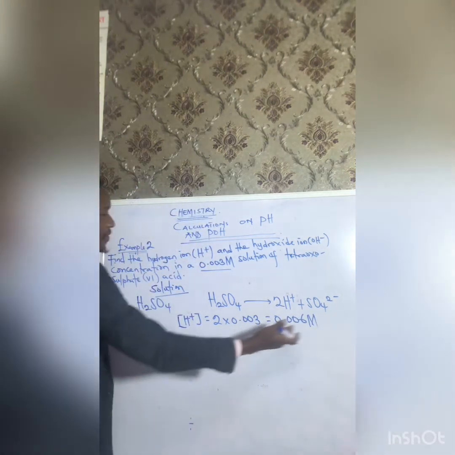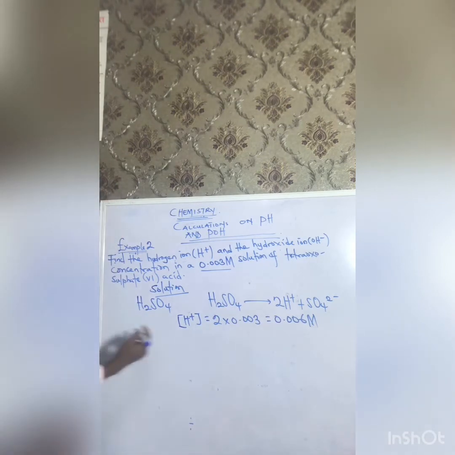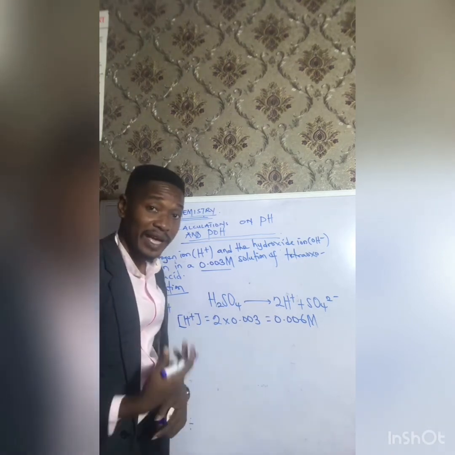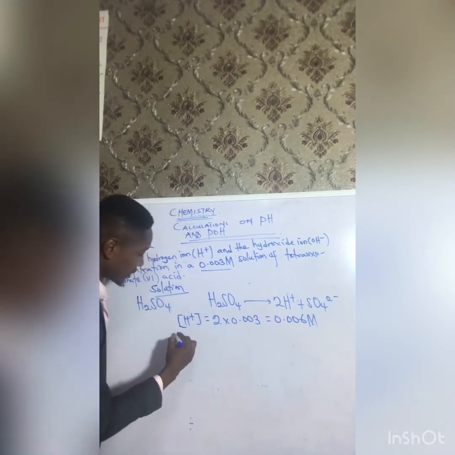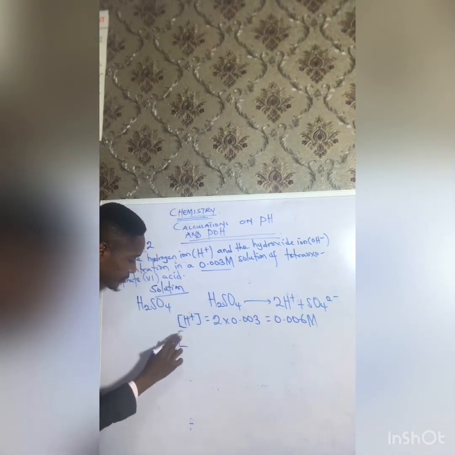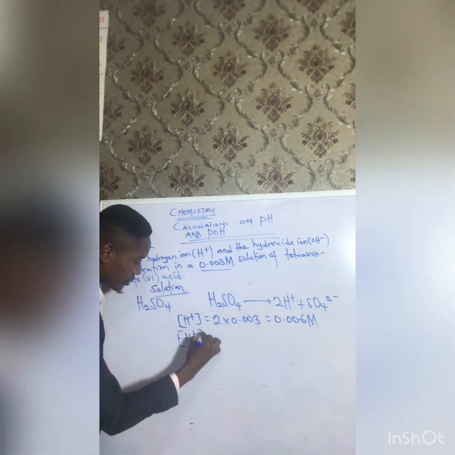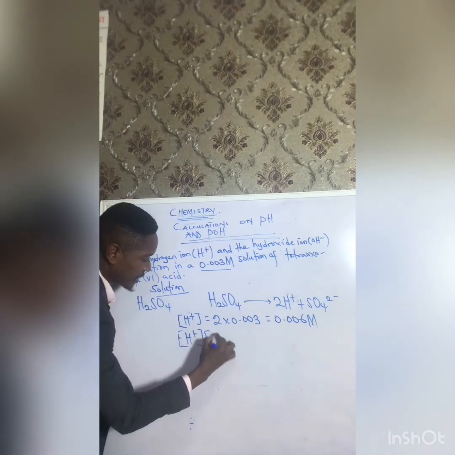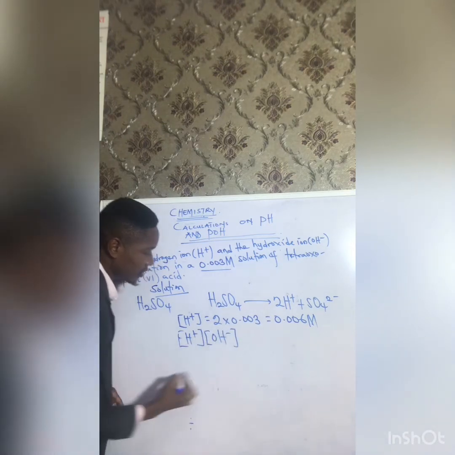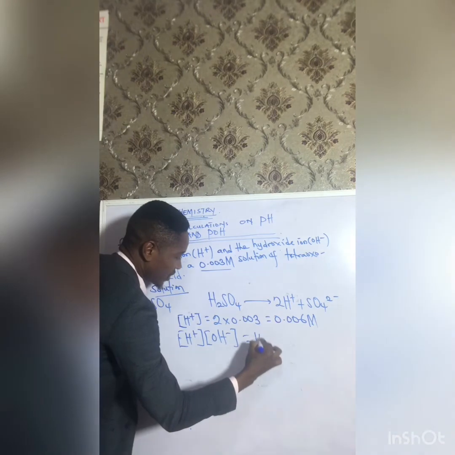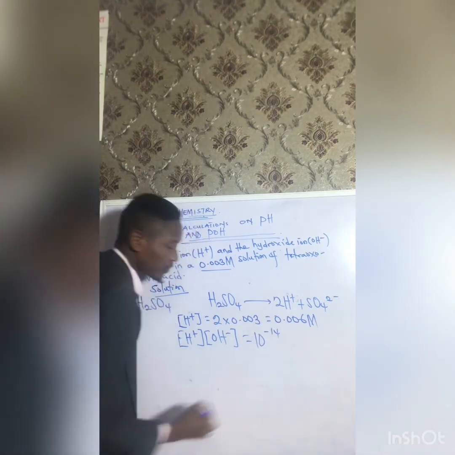Now, we have been able to get the hydrogen ion concentration as expected of us. What then is the hydroxyl ion concentration? Remember, in one of the formulas I gave you earlier, I said hydrogen ion concentration multiplied by the hydroxyl ion concentration must give me 10 raised to power minus 14.